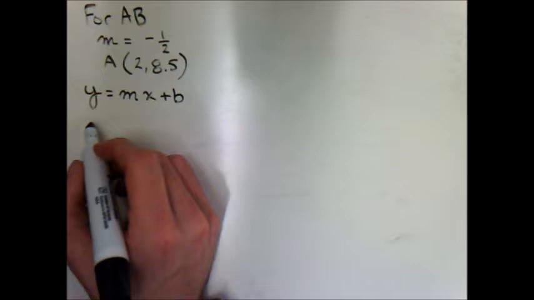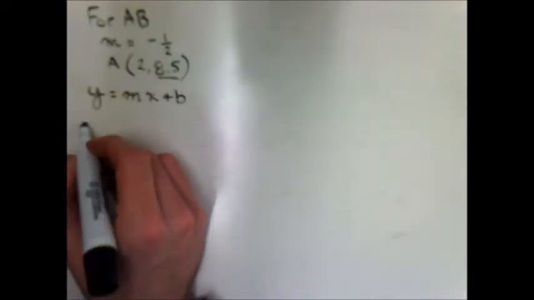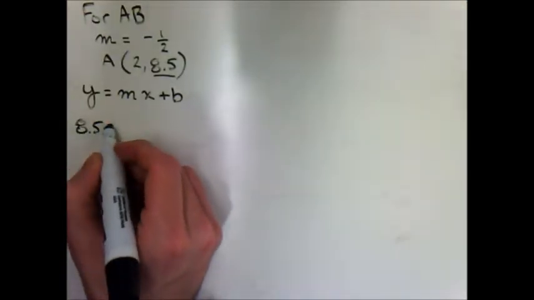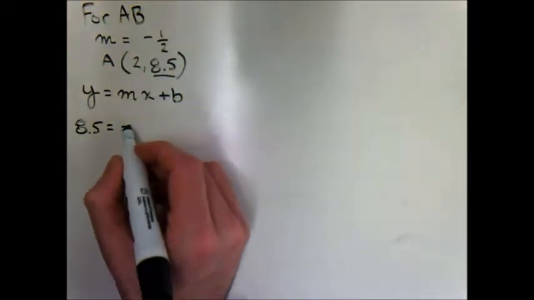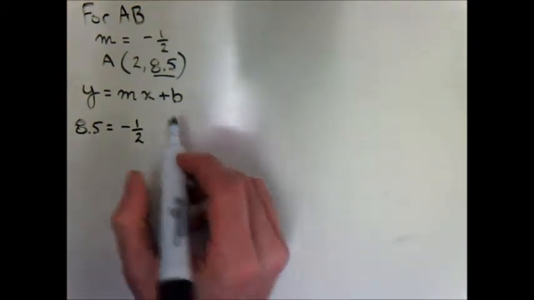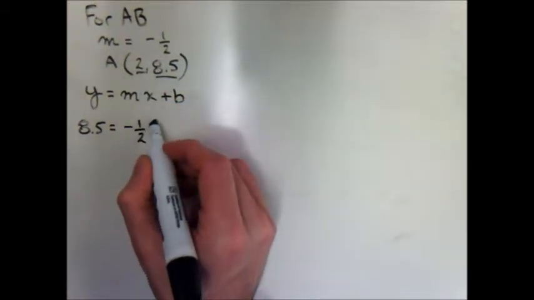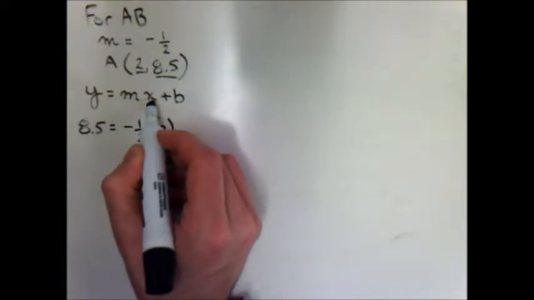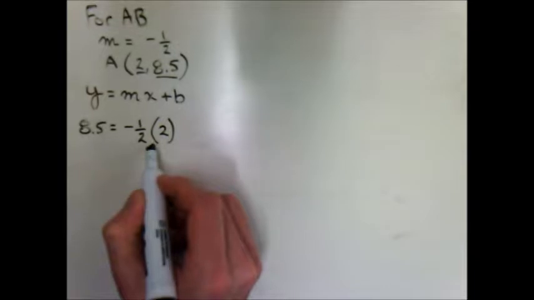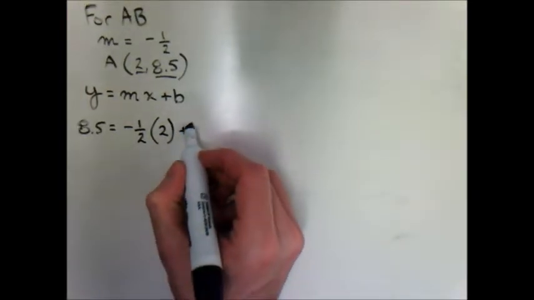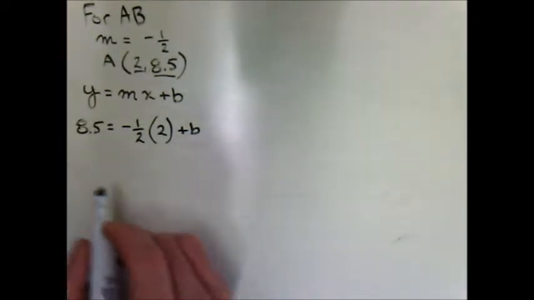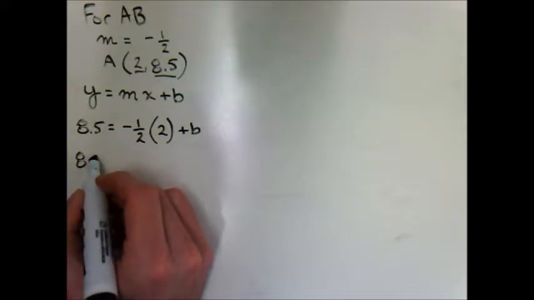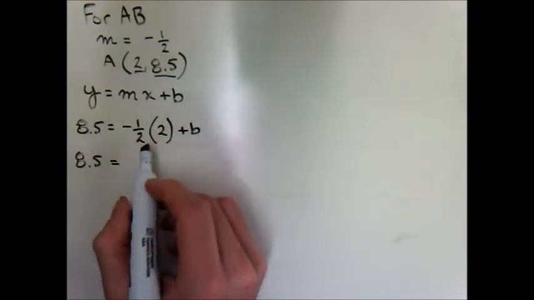So here we go. Y, we're going to sub in 8.5. M, we know, is negative 1/2. X, we're going to sub in 2. Remember, this is multiplication, m times x, so we have negative 1/2 times 2, plus b. And we simply need to solve this for b.